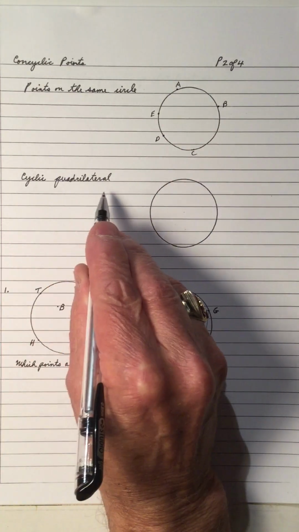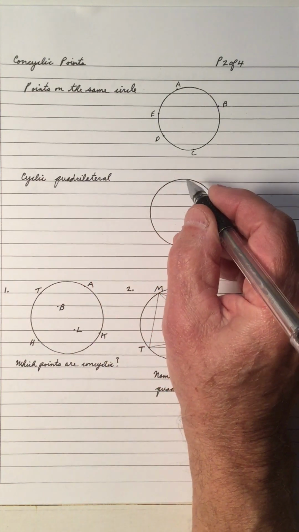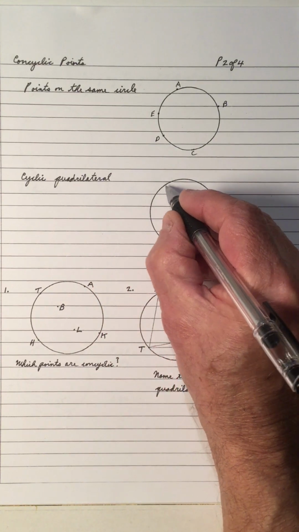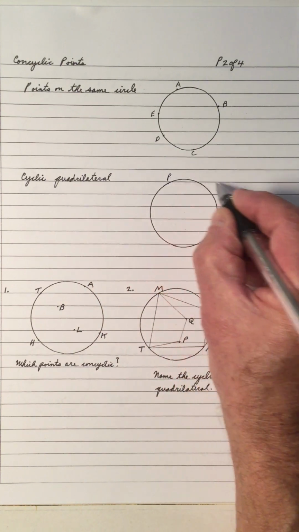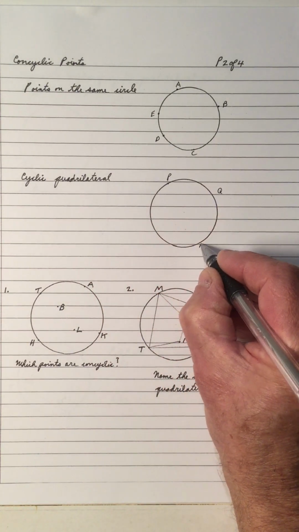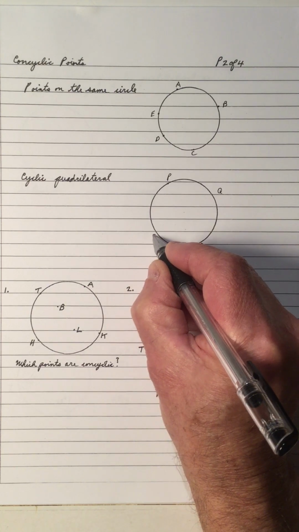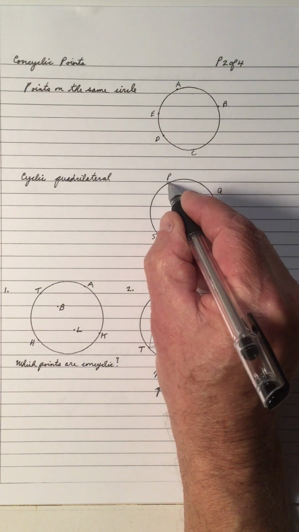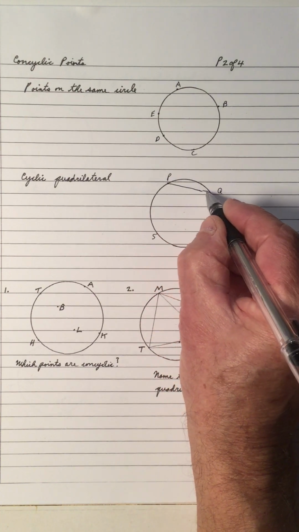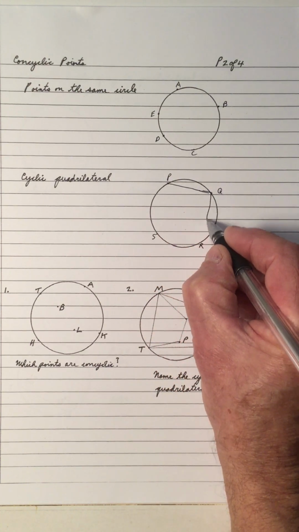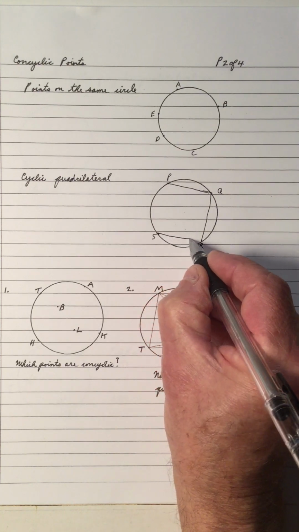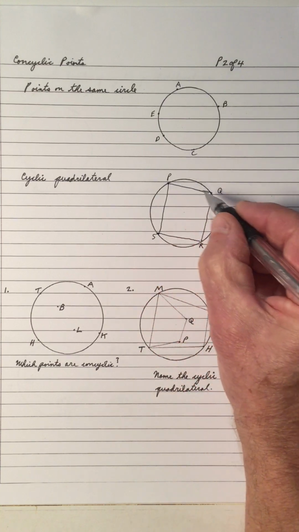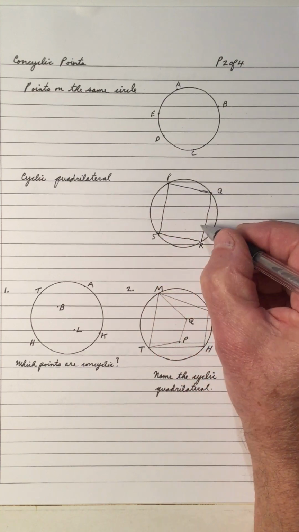And we have a cyclic quadrilateral. A cyclic quadrilateral is a quadrilateral whose vertices are concyclic. So we go P, Q, R, and S. If these are concyclic points and you join them up, P, Q, R, S, so P, Q, R, S are concyclic points.